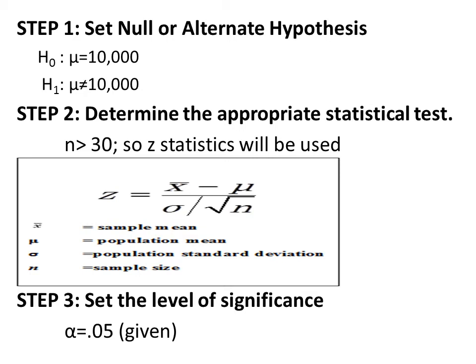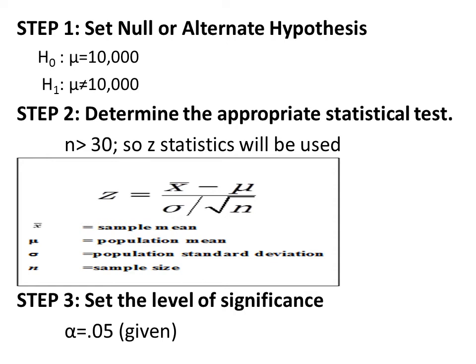The alternate hypothesis says that the population mean is not equal to 10,000. If you see carefully, the alternate hypothesis is a two-tailed test because the direction is not mentioned. The alternate hypothesis is saying that the population mean could be less than 10,000 or more than 10,000.